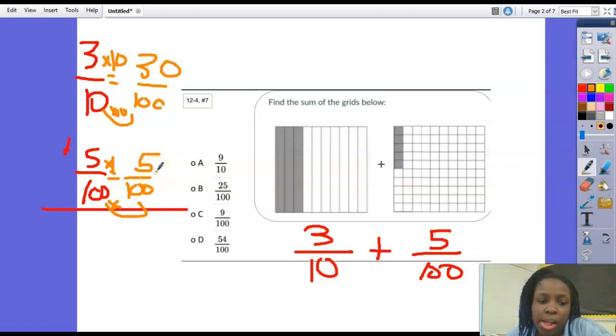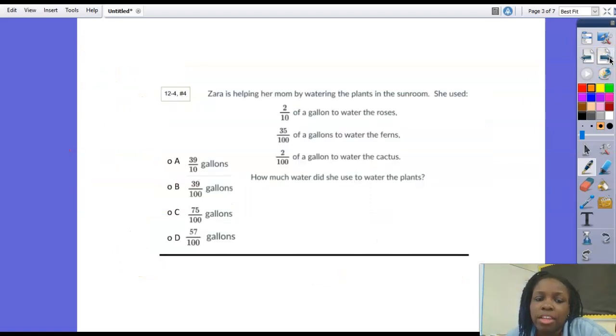Now when I add this up, oh, did I do this wrong? 3, 4, 5. No, I didn't do this wrong. I think they have this wrong up here. So when I add this up, 30 plus 5 is 35. So 35 hundredths should be your answer. I don't know why, but this is wrong.